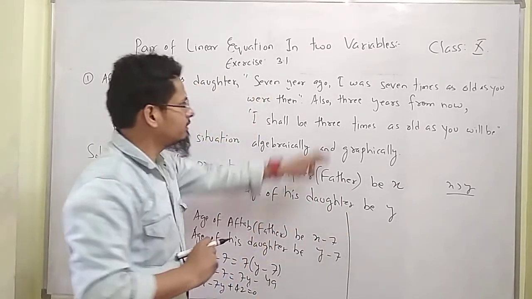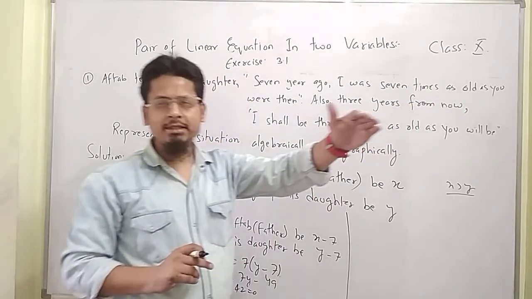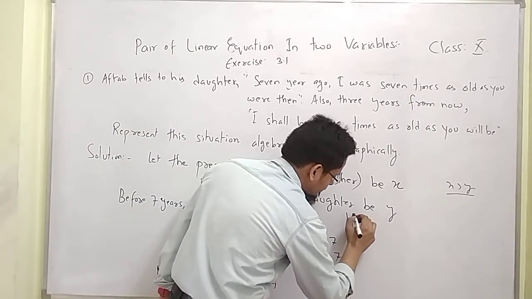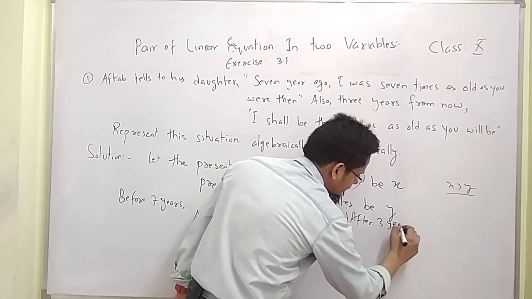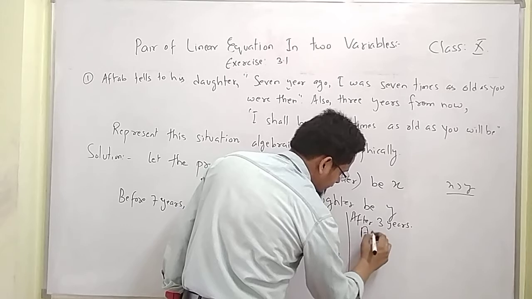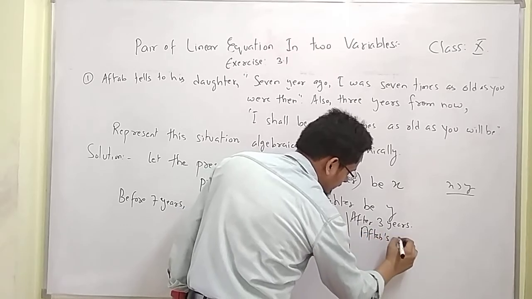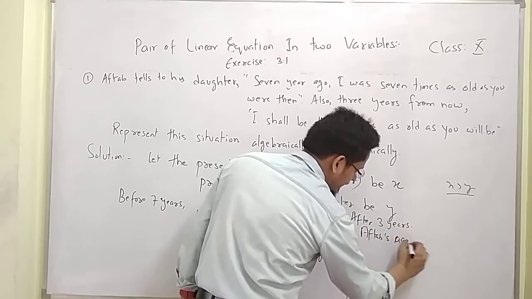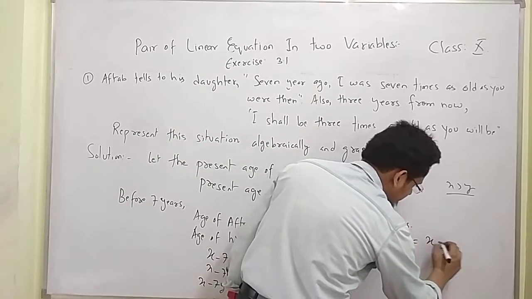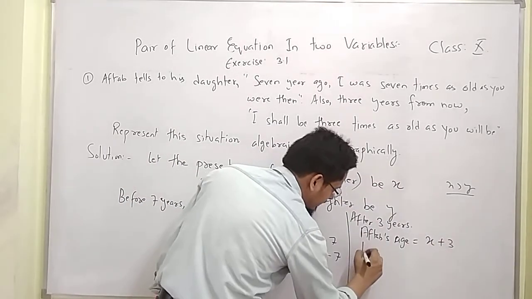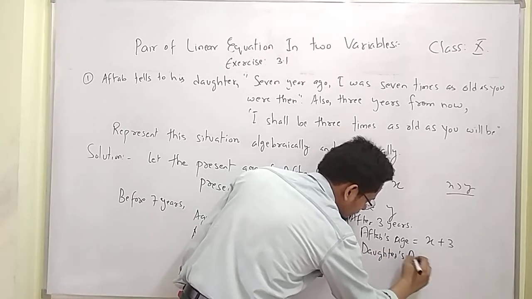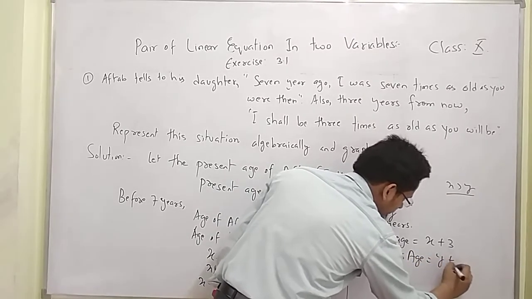It is mentioned here 3 years from now, means after 3 years from present. After 3 years, Aftab's age, the age of Aftab, will be x plus 3. And the daughter's age will be y plus 3.